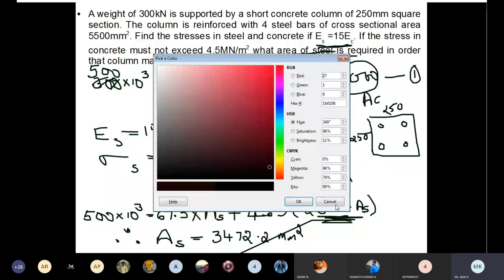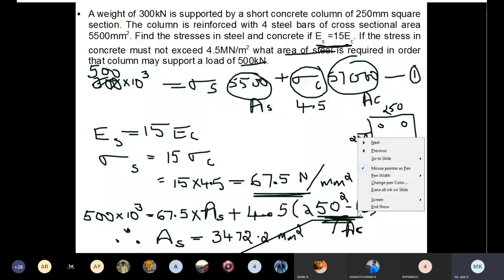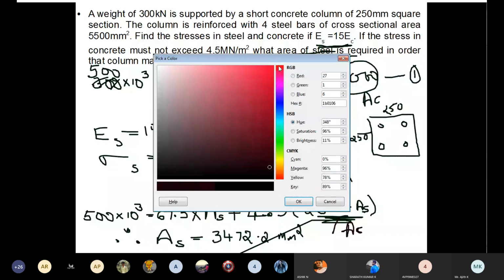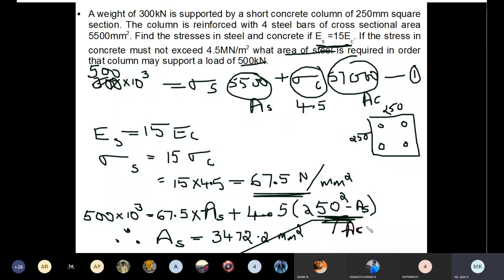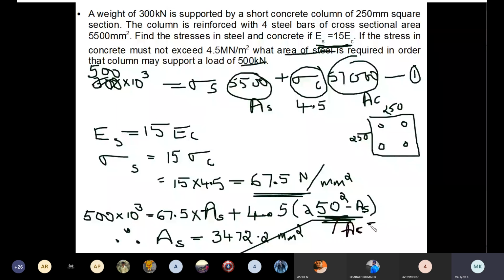If you have any doubt regarding this, here is how exactly to substitute. You have to substitute the area of concrete here, concrete alone. And how did you get the area of concrete? In the first sub question we have seen, area of concrete is equal to total area minus area of steel.